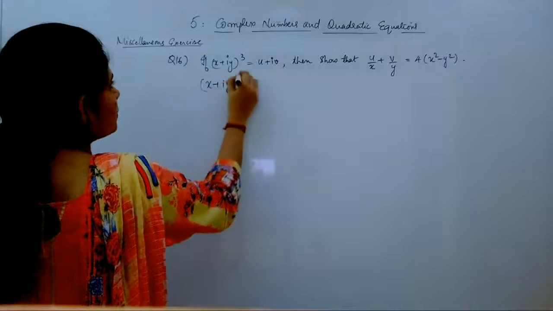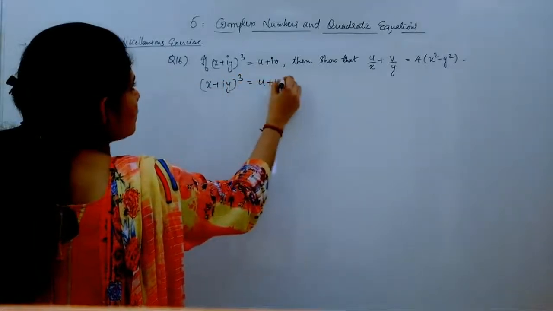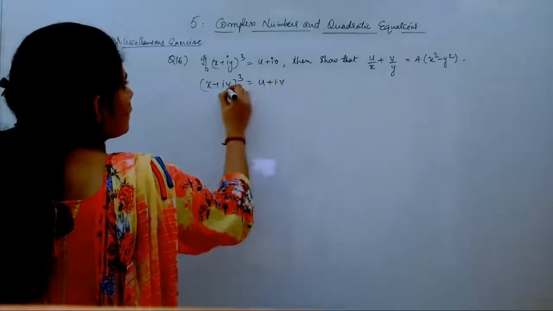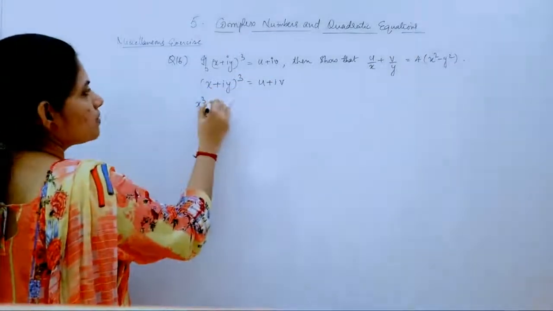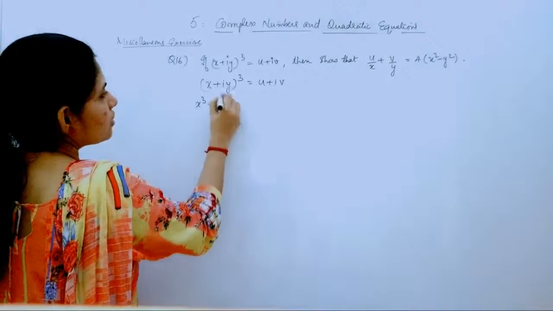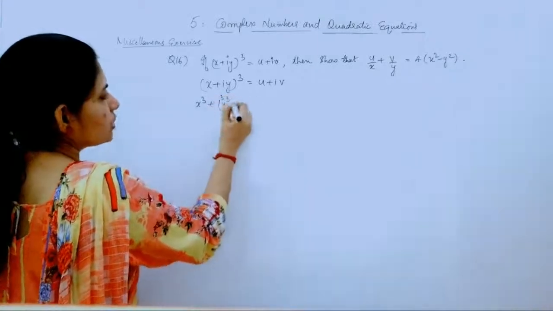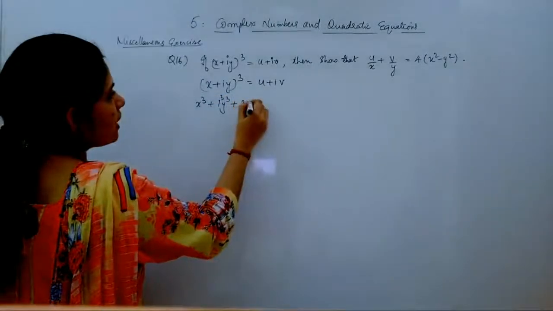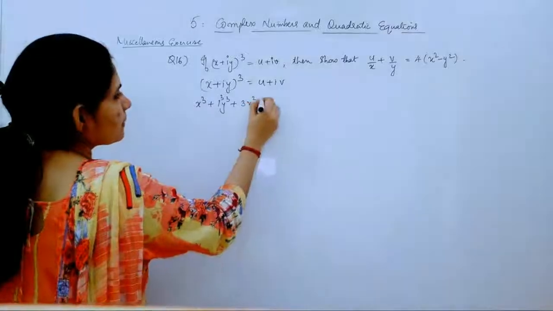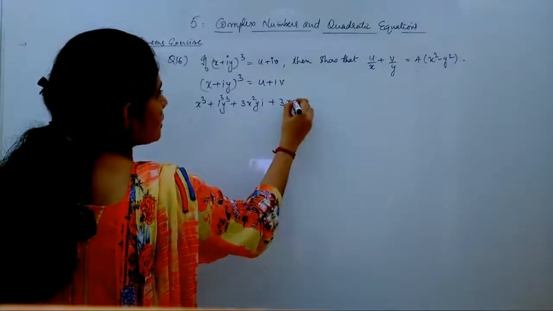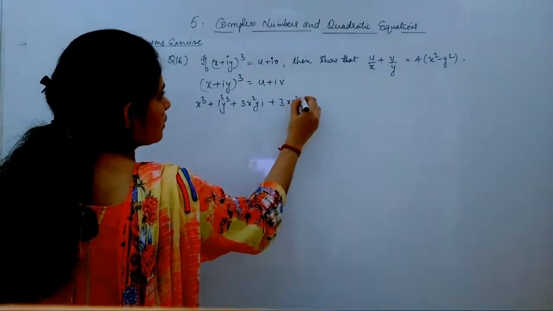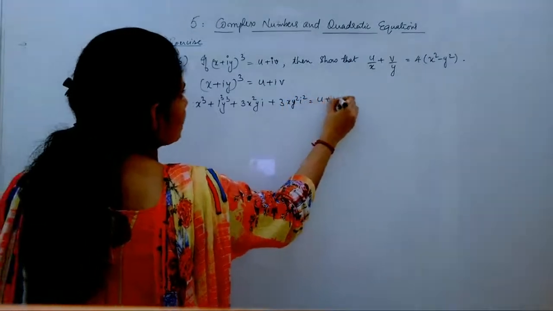So here you will get (x plus iy) the whole cube is equal to u plus iv. Expanding (a plus b) the whole cube will give you x cube plus (iy) the whole cube plus 3x square iy plus 3x (iy) square, that means 3i square y square, equal to u plus iv.